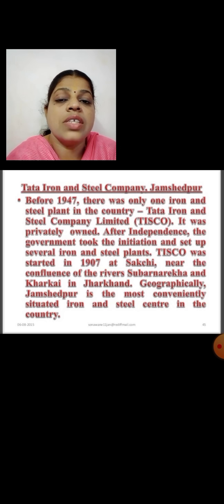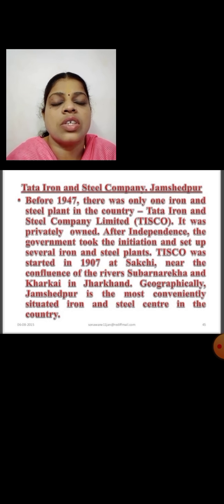So this company is a private company. After independence, the government took the initiative and set up several iron and steel plants. And geographically, Jamshedpur is the most conveniently situated iron and steel center in the country.